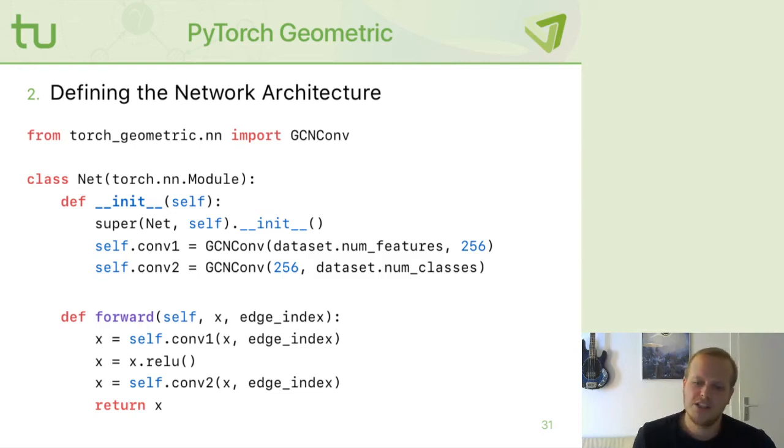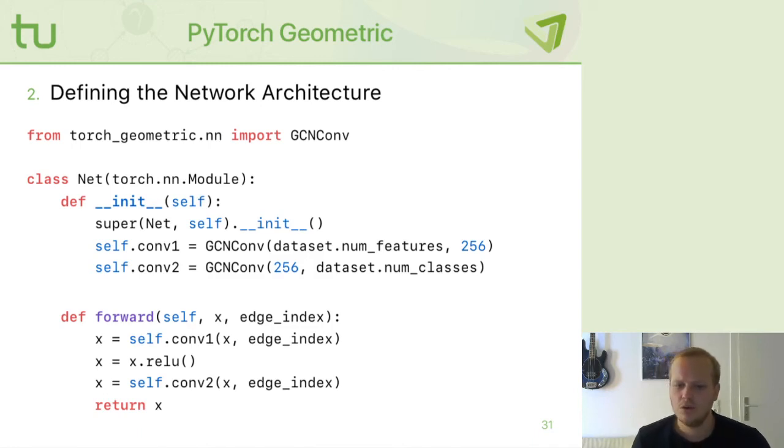And here the arguments passed to creating the GCNConv describe the input and output feature dimensionality of nodes. So here our first GNN operator expects as input dimensionality the number of node features in our dataset, and it will map those to a hidden dimensionality of 256.